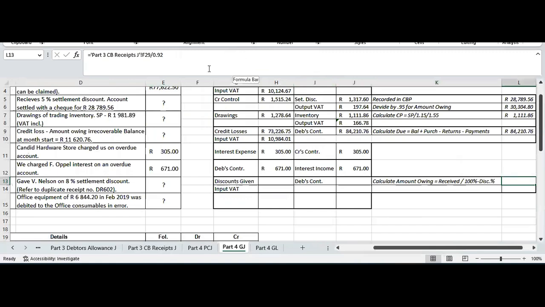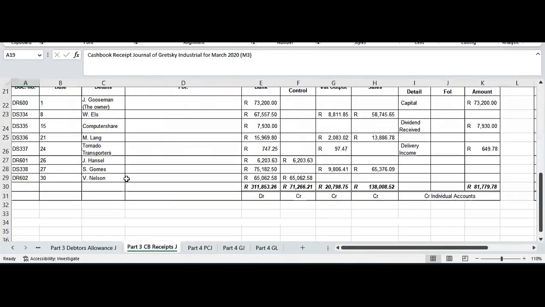So we look at our cash book receipts, because that's the reference they gave us. Remember, I go and look at DR 206. Here it is. He paid us 65,062, and we know that that amount was enough to settle the discount.